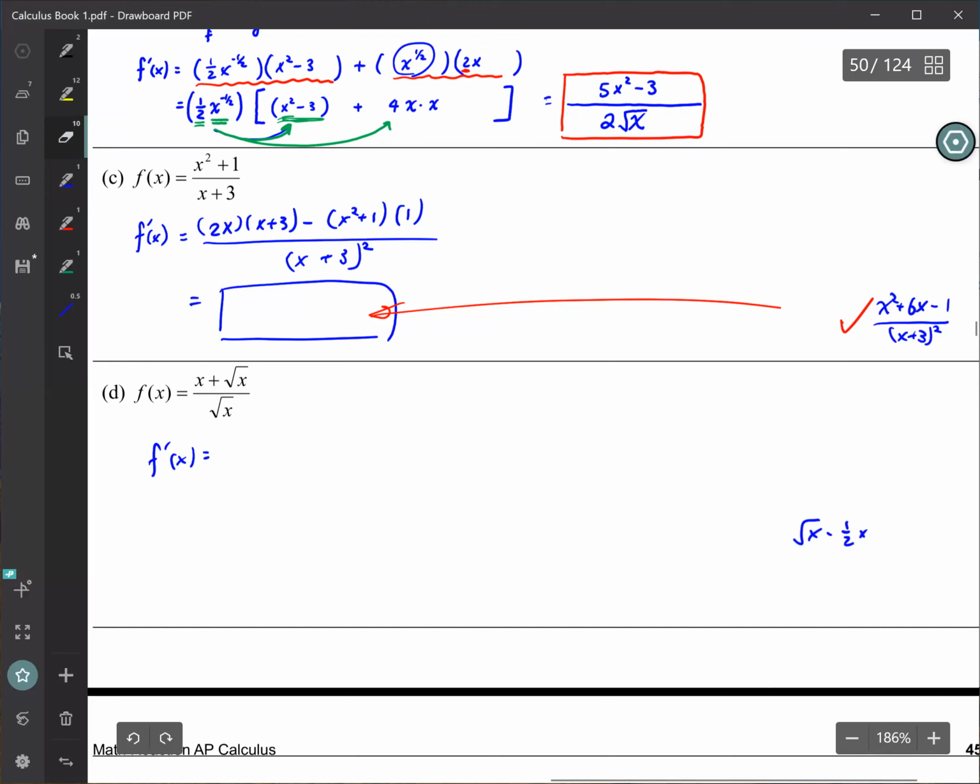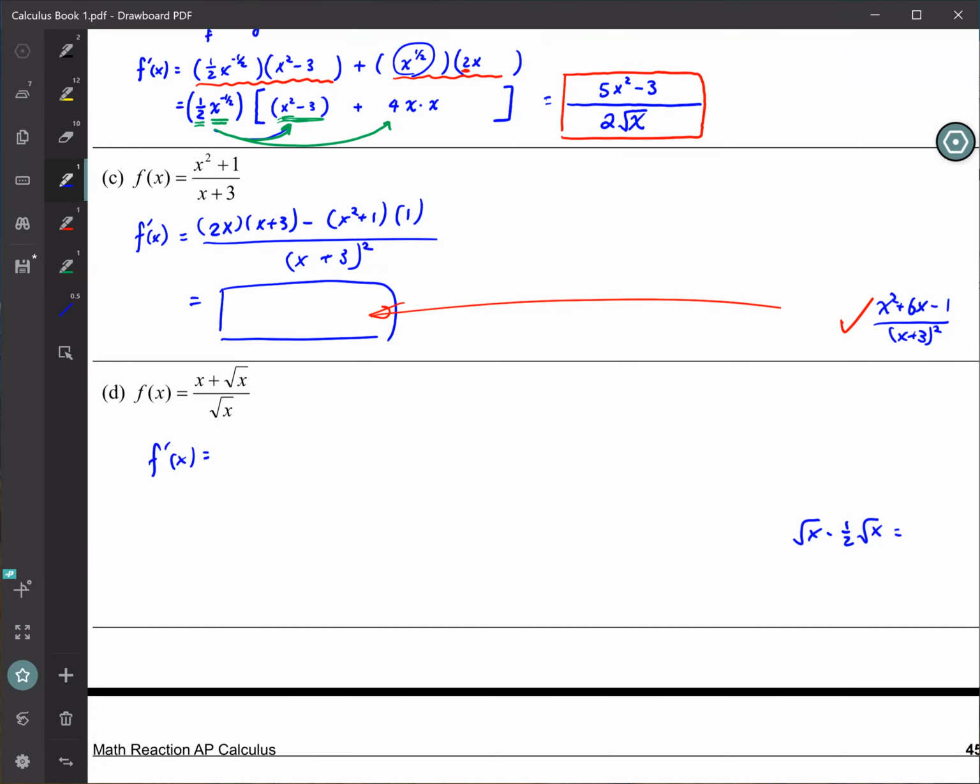Root x minus half root x, that means they are like terms, right? Oh wait, yeah, then I can simplify more. So it would just be, wait, my brain is blanking. Negative 3 over 2 root x? Okay, I'll leave it to you. Tell me when you got it.